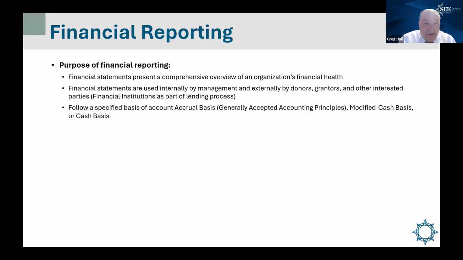And then, if we go to the next one, it's used by management, external donors, grantors, and other interested parties. Also, a big user of these statements are financial institutions, particularly if the organization has loans or bond issues outstanding. The bondholders and lenders use that information to determine the financial health of the entity.